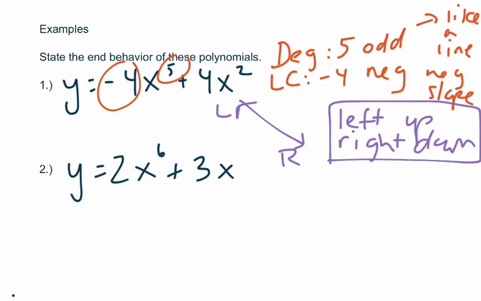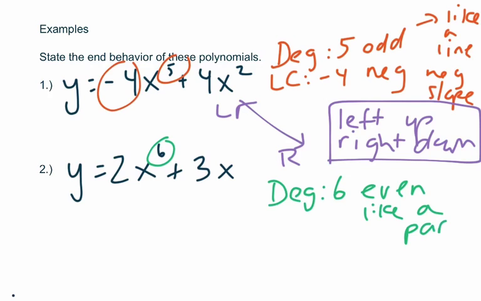So the next one, we have the highest exponent, which is 6. So that is degree 6. And what's important about that is that it's even. Not necessarily that it's 6 per se, but that it is an even number, which means it's going to be like a parabola. So whatever the graph of this does, it's going to behave similarly to a parabola.